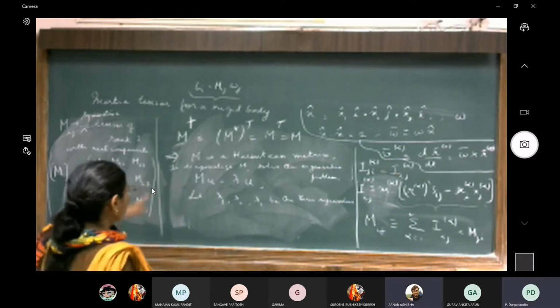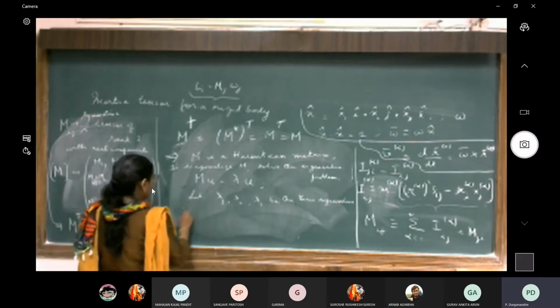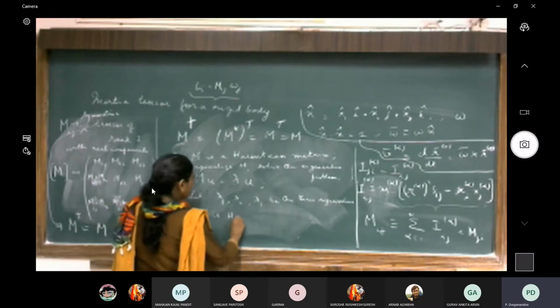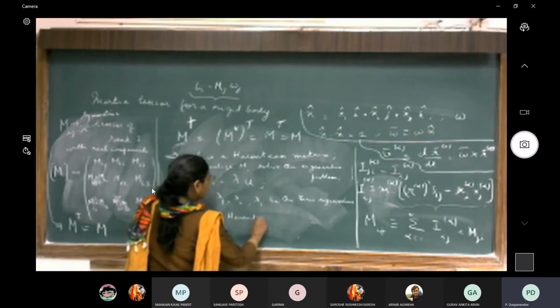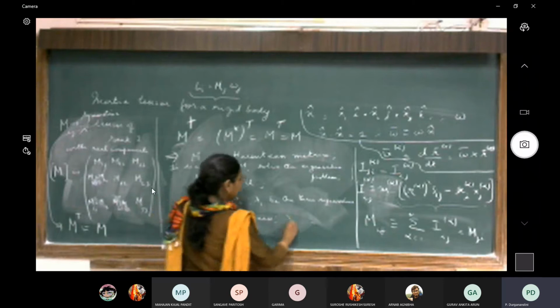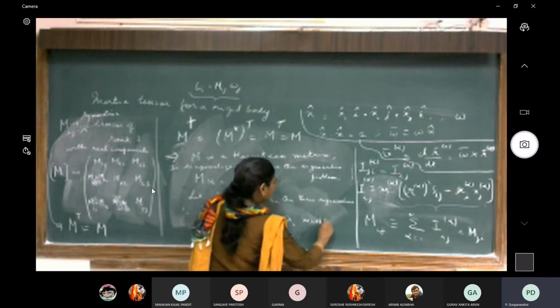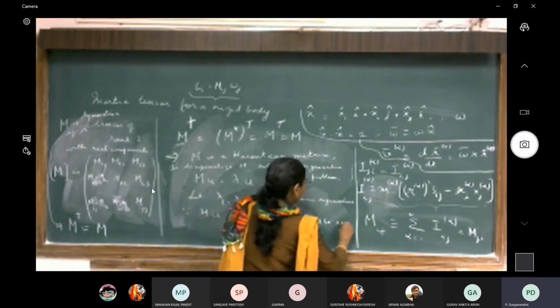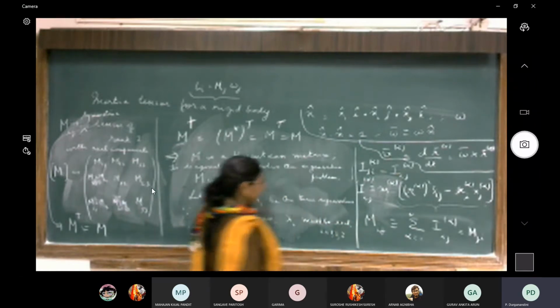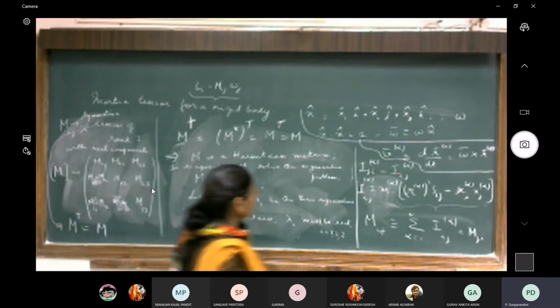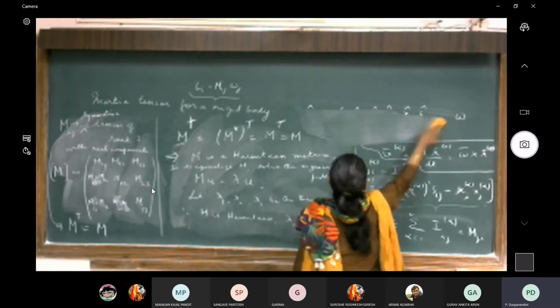You can see how matrix algebra helps you: lambda_i must be real. So without even doing any calculations, this much I can say. And if you finally do the calculations and get some complex answer, then you know you have made some mistake in your calculation.